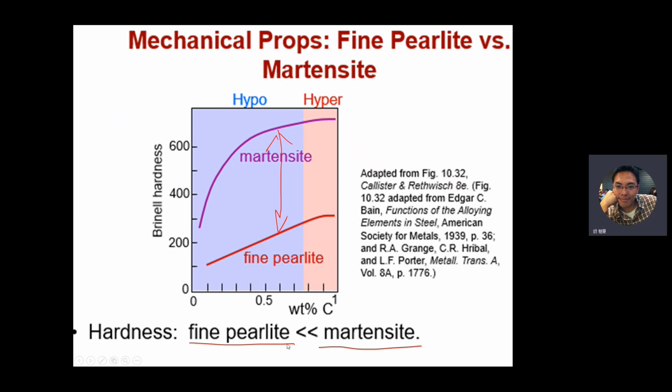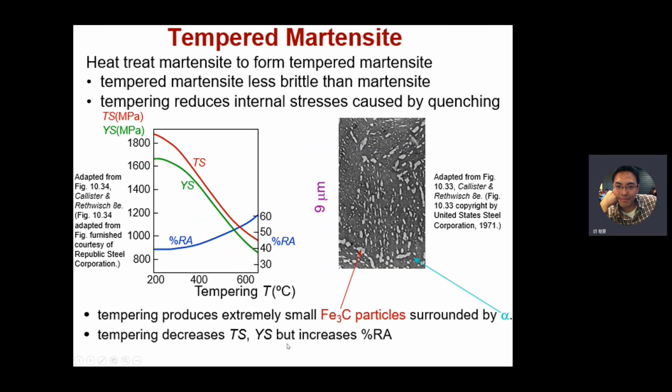We want to reduce its hardness and tensile stress, yield stress, just by the tempering process. Heat treat martensite to form tempered martensite. Tempered martensite is less brittle than martensite, and tempering reduces internal stresses caused by quenching.